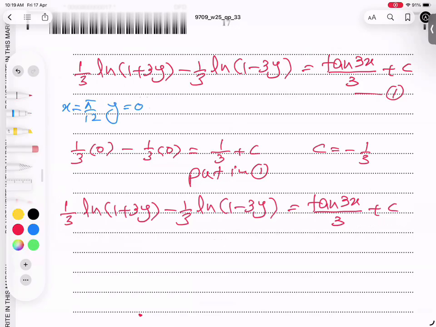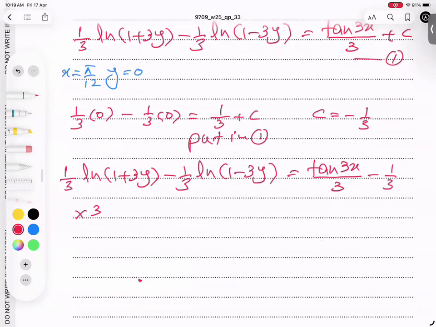Okay, and I'm replacing this C by negative 1 over 3. You can see 3, 3, 3, 3. Why not multiply by 3 and make the question easier? And you can see if I multiply by 3, I get logarithm of 1 plus 3y minus logarithm of 1 minus 3y equal to tan 3x minus 1.